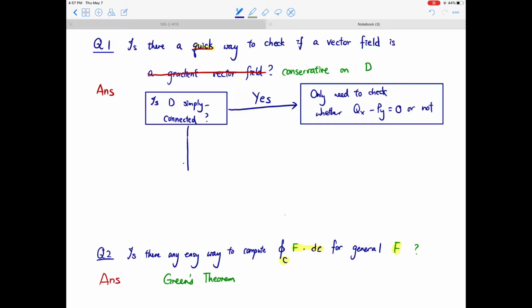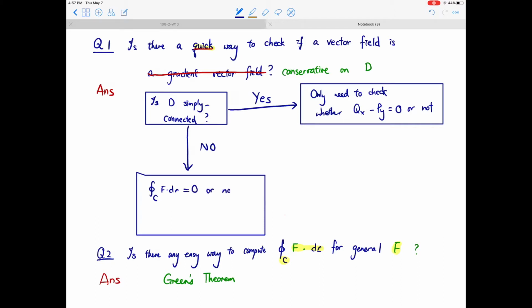However, in the case when your region has holes, so when it's not simply connected, then, I'm sorry, the only way to check whether it's conservative or not is to check whether the line integral along C equals 0 or not for every simple closed curve C. Okay, so you need to check this.